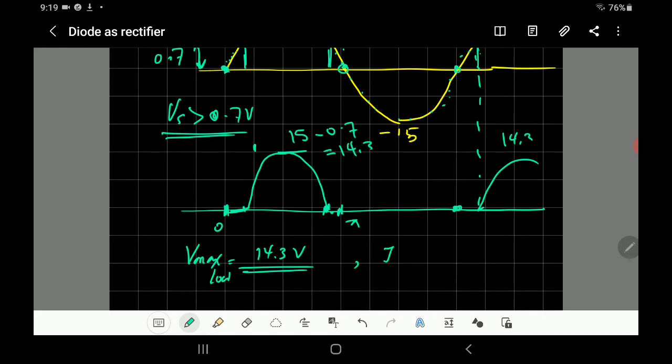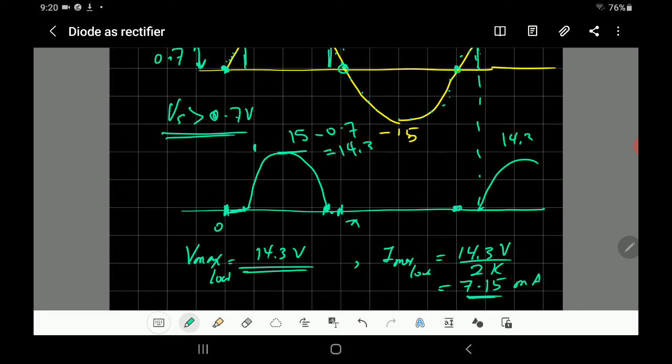Accordingly, you can find the maximum current across the load. You divide by 2 kilo ohm: 14.3 volt divided by 2 kilo ohm is 7.15 milliampere. That's the maximum load current.